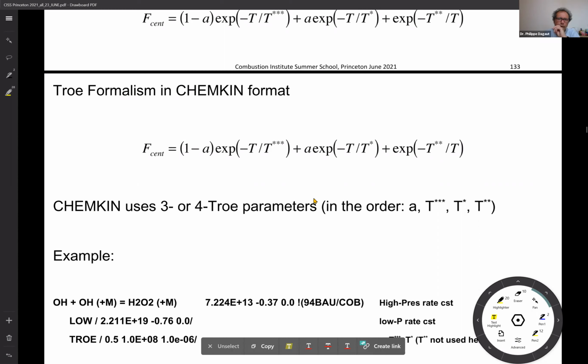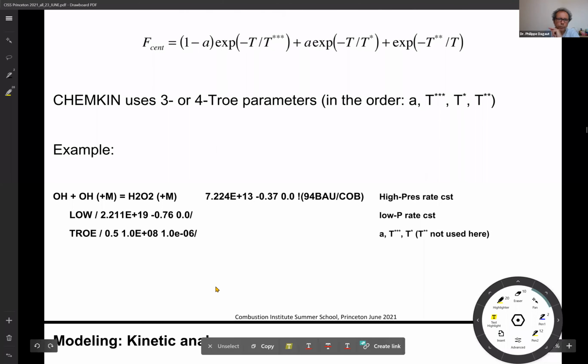You write the high pressure rate constant here, and then the low pressure rate constant, and the factors A, T triple star, T star, and well, here they didn't use the T double star, but it would be the fourth parameter to be introduced in Chemkin.